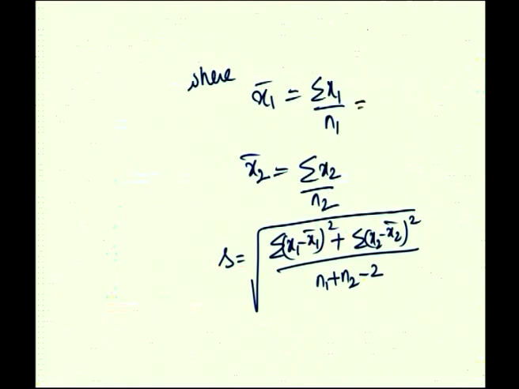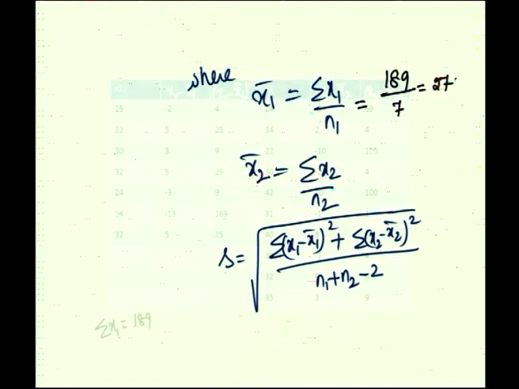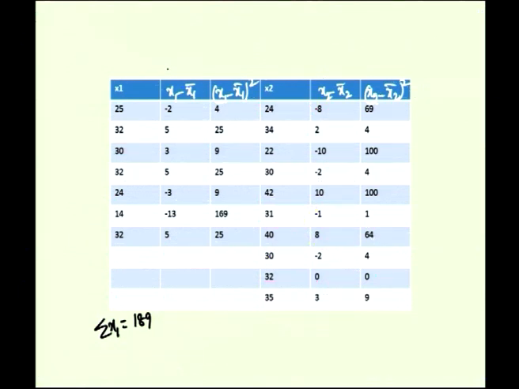Therefore, x1 bar will be 189 divided by 7, which is equal to 27. So, x1 minus x1 bar will be x1 minus 27. Each value is subtracted from 27: 25 minus 27, 32 minus 27, 30 minus 27, like that this column is formed. And then its square values: 2 square is 4, 5 square is 25, 3 square is 9, like that this column is formed.